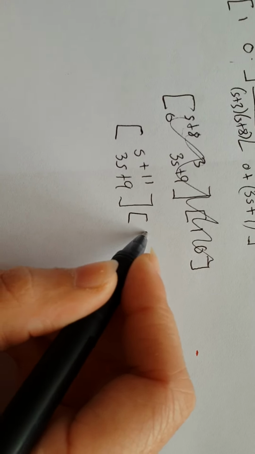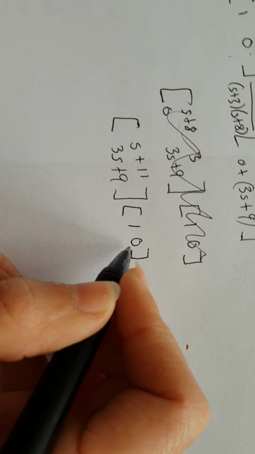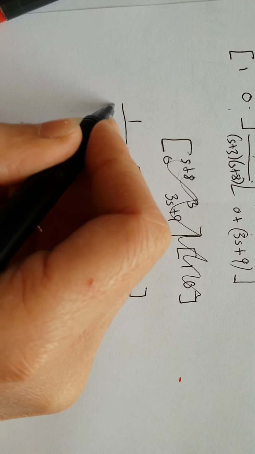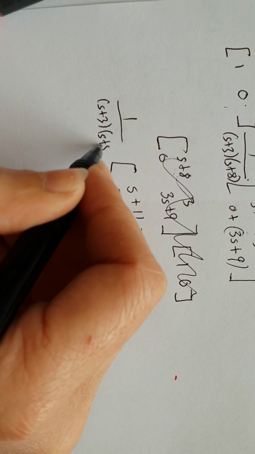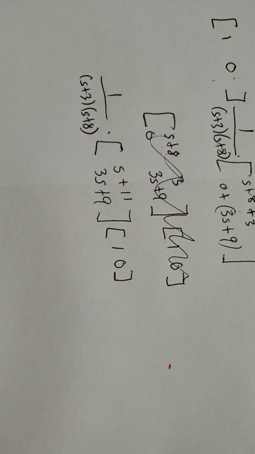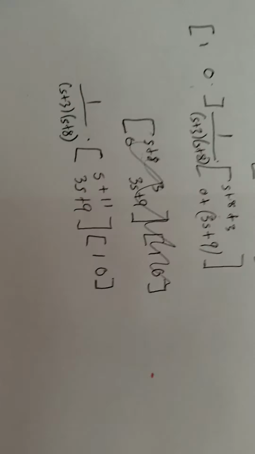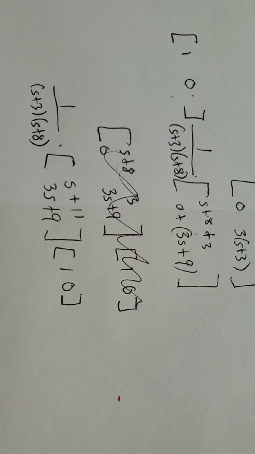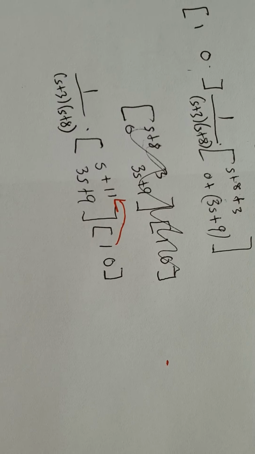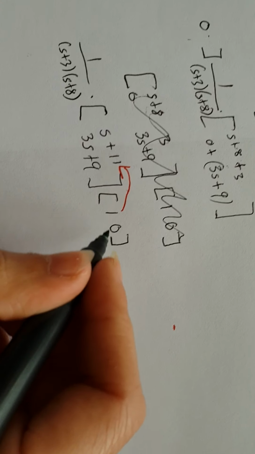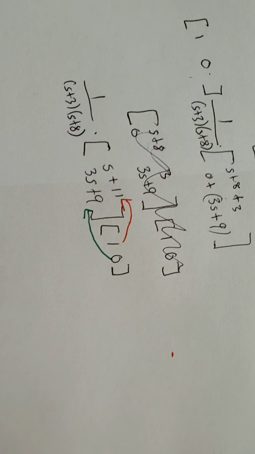Now we can times it by our C. And don't forget, we have our division here. Okay, now we can go ahead and times these two. So our 1 times this, the first term, and our 0 times the second.